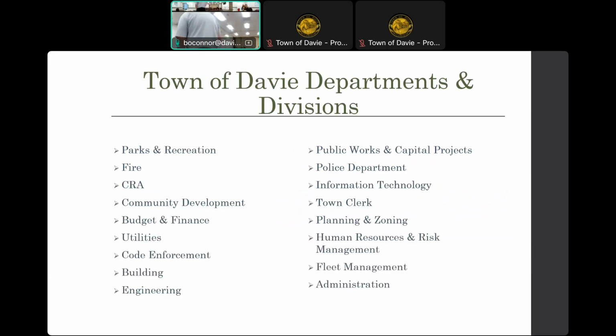And again, it's confusing. We have 17 different departments that we service, from Parks and Recreation all the way through to our administration, and everything in between. We have a team of 3 procurement agents, 2 procurement coordinators, a procurement specialist, and our interns.